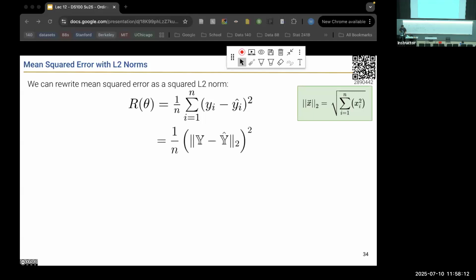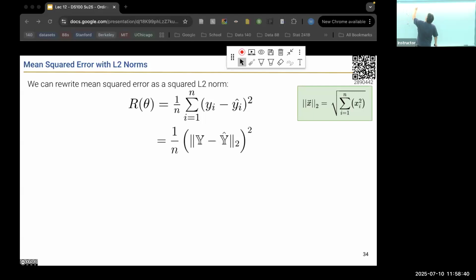Let me quickly write this out so you can see that they're indeed equivalent. Here is my y vector: y1, y2, all the way to yn.